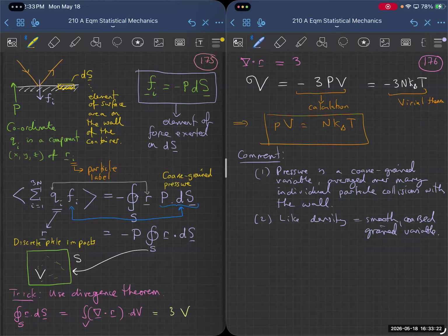So now let's talk about what happens with a non-ideal gas. So with a non-ideal gas, there's going to be two contributions to the force of the change of momentum.